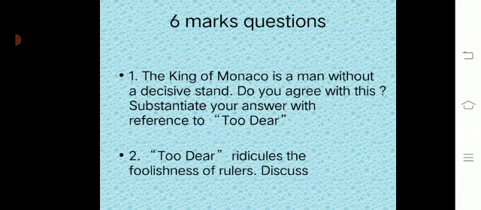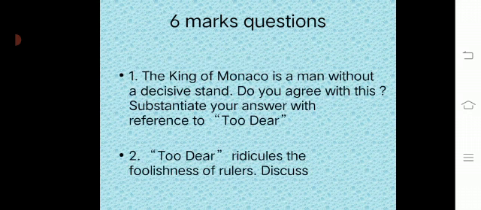We means I agree. Now it is your point of view. If you don't agree, you have to give reasons why you don't agree. If you say yes, I agree, then you have to give reasons why you agree. Substantiate your answer with reference to Two Deer. So with reference to the story of Monaco that you have read, you have to write down the reasons why you agree or disagree with the given statement.